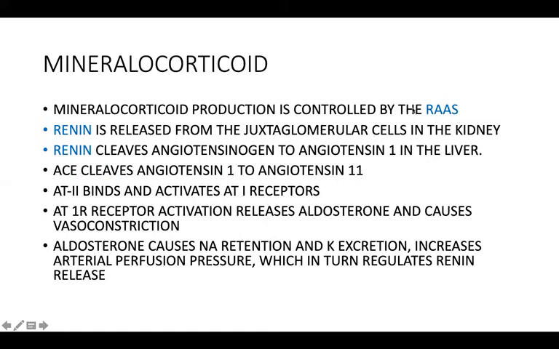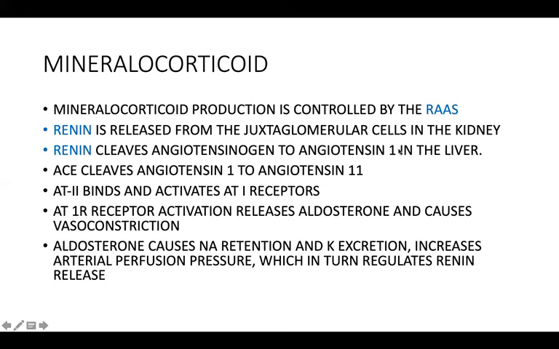This renin, then angiotensin, so renin angiotensin aldosterone system. Now this renin, which is released from the juxtaglomerular cells, cleaves angiotensinogen to angiotensin 1 in the liver. So from angiotensinogen, we get angiotensin 1 by the action of renin in the liver.